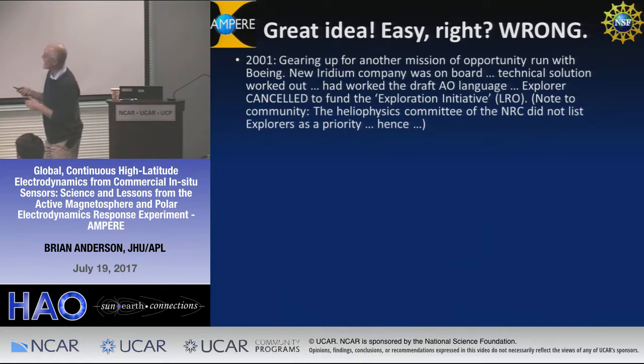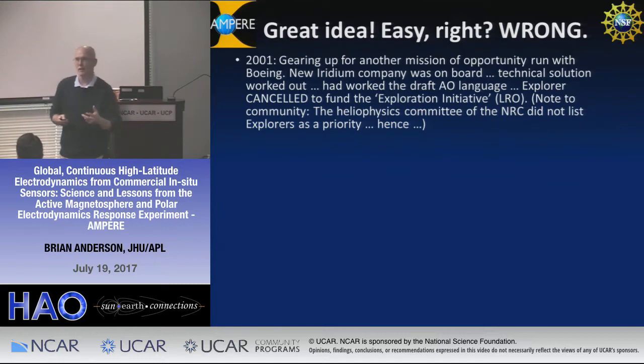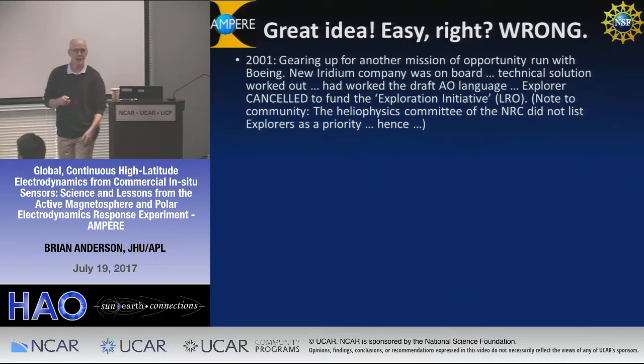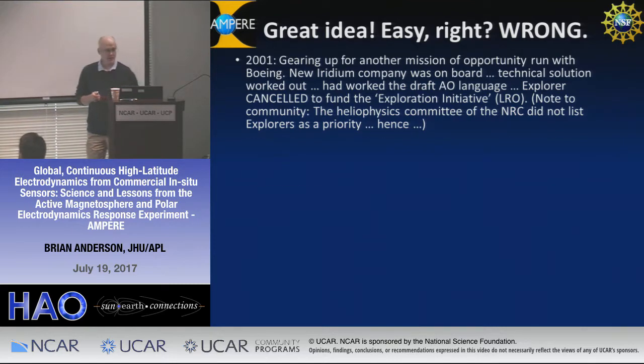Okay, so we did that, and then King George III was elected, and he canceled the Explorer AO in the middle. He canceled it to do the Exploration Initiative, which was the Lunar Reconnaissance Orbiter. And that MIDEX canceled that opportunity. So I remember getting a phone call from somebody saying, hey, did you see that? Is that a problem? And I said, is that a problem? You bet it is. So that was canceled.